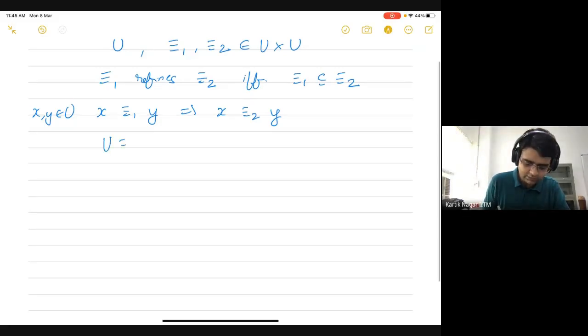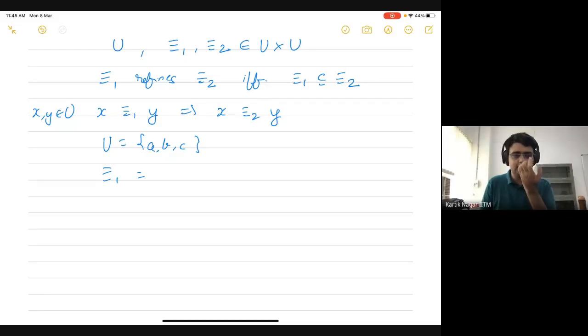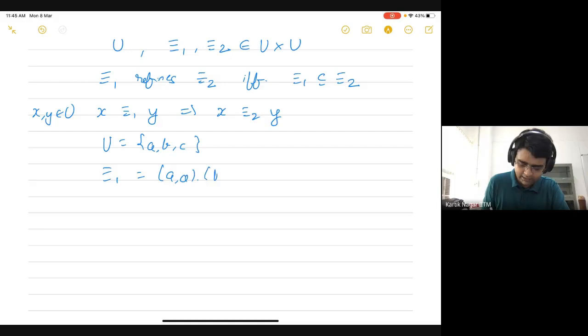Let's say that you have U consisting of three elements, A, B, and C. Now I define relation one, and I want these two relations to be equivalence relations. So I define relation one as consisting of the pairs AA, BB, and CC, and the pair AB and BA.